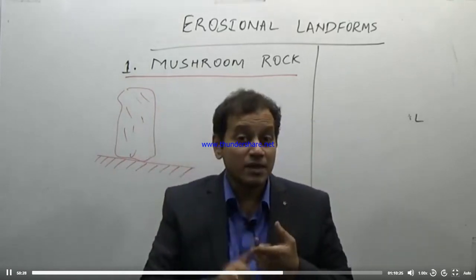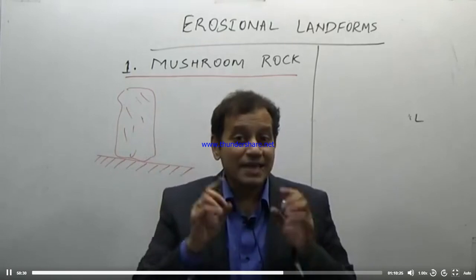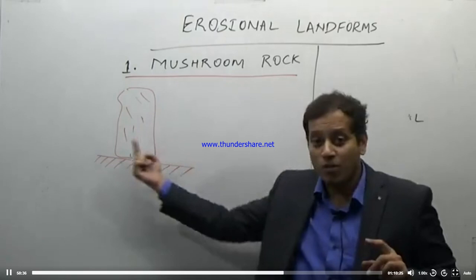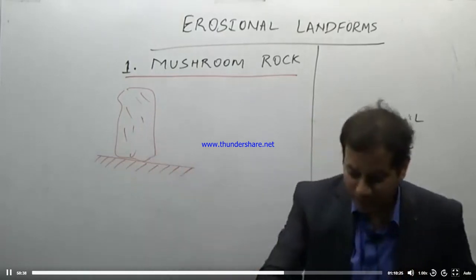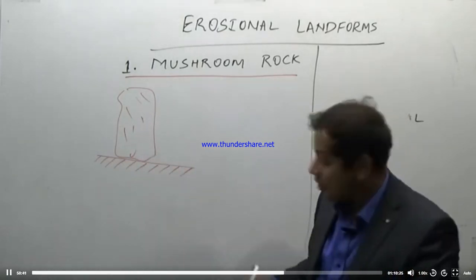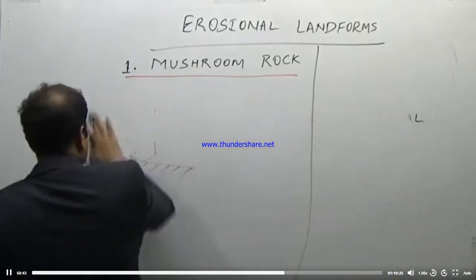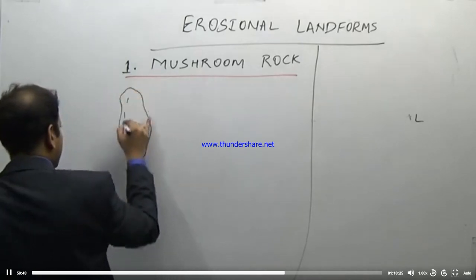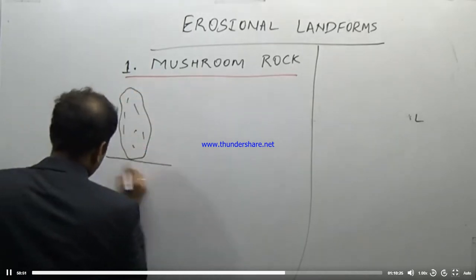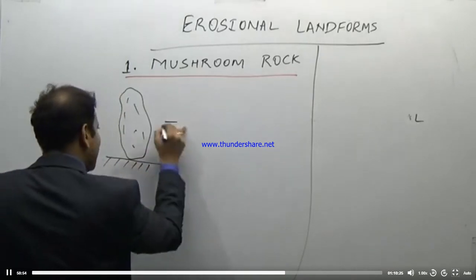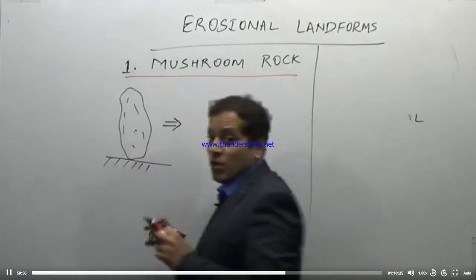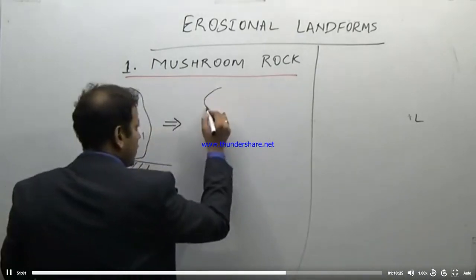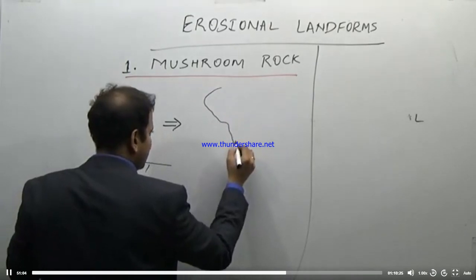But the wind does not have any direction. That is why wind will erode this rock from all the sides. The first thing is, the wind will flow from all directions. The second thing is, maximum erosion will occur at the base of a rock, and therefore the rock will be formed somewhat like this.